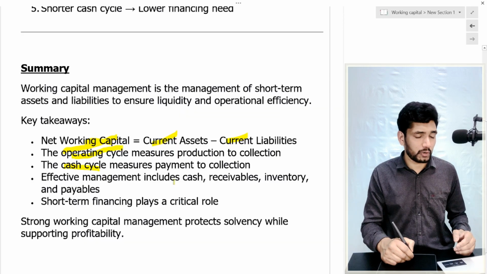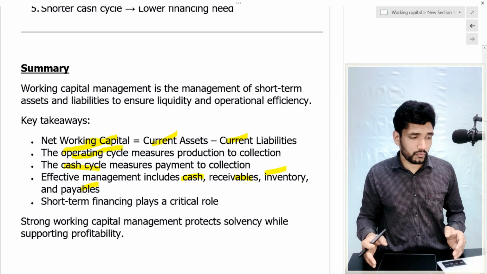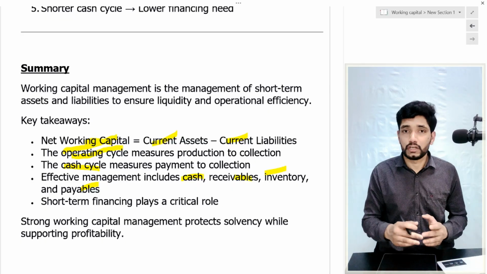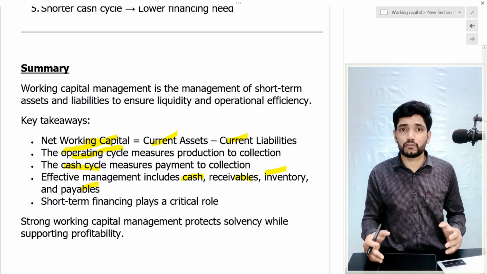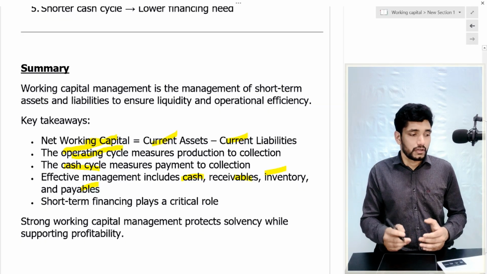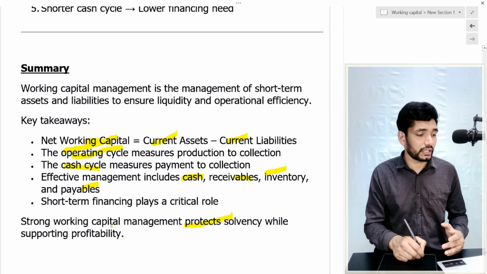So effective working capital management includes the proper management of cash, receivables, inventory, and payables. In working capital management, short-term financing plays a very crucial role in effectively managing net working capital. Strong working capital management protects solvency while supporting profitability.